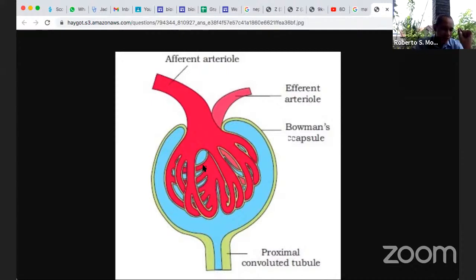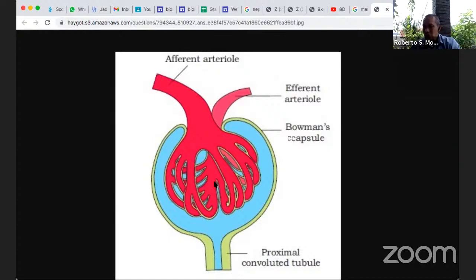The difference in the size of the blood vessels causes the flow of the blood inside this blood vessel to undergo an acceleration. There is a speeding up here inside.